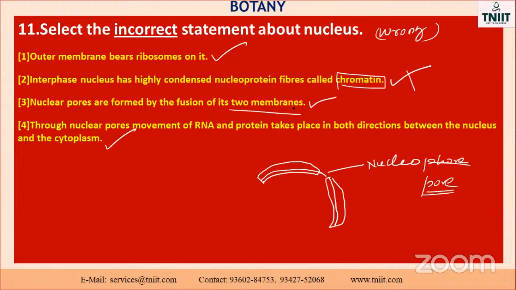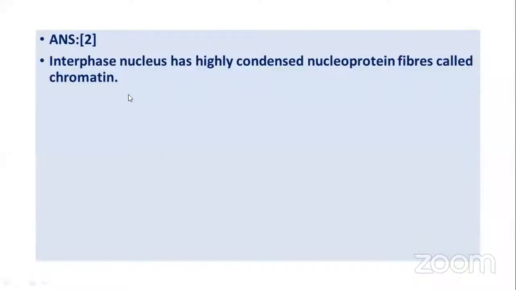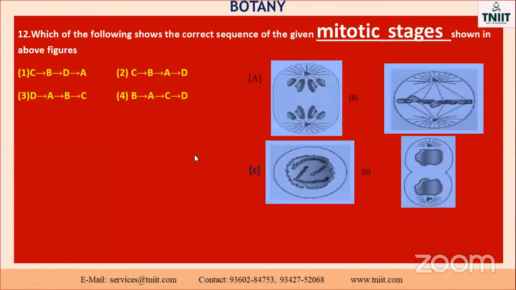So this is the correct one. Through the nuclear pore, there is an exchange of molecules from the cytoplasm to the inside. So this is the structure of the nucleus, and you have to draw it like this. See here, the interphase nucleus has highly condensed nucleoprotein fiber called chromatin. It is a wrong answer, my dear. Others are correct only.